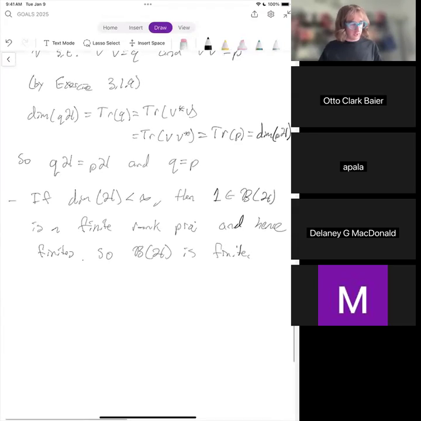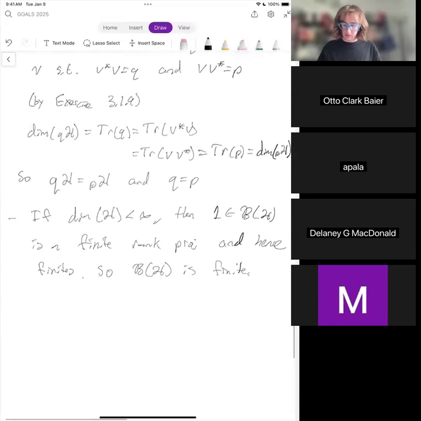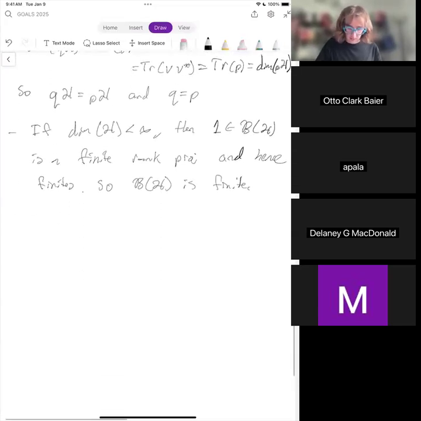So keeping on this, with this example of M being bounded operators on a Hilbert space, if the dimension of pH is infinite, then P is not finite.